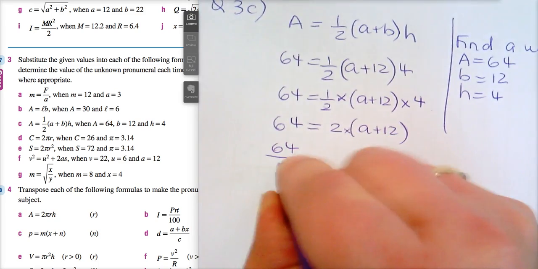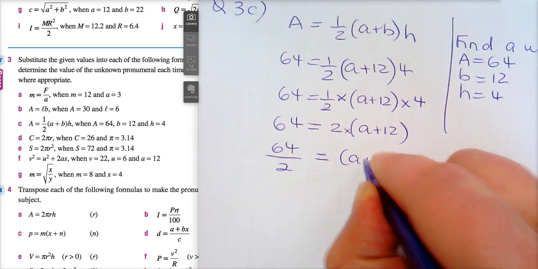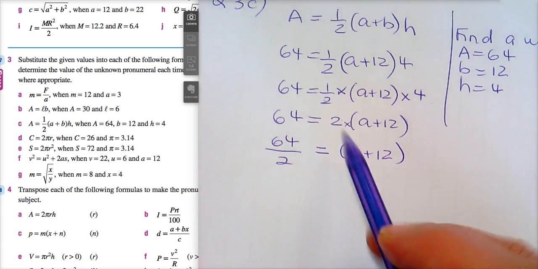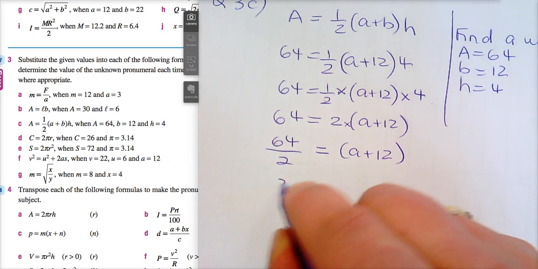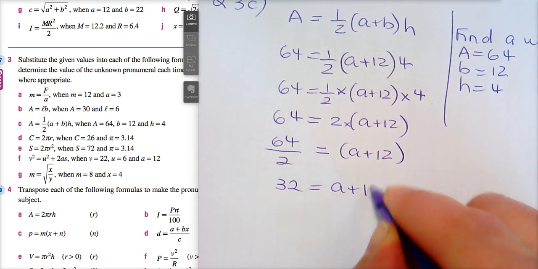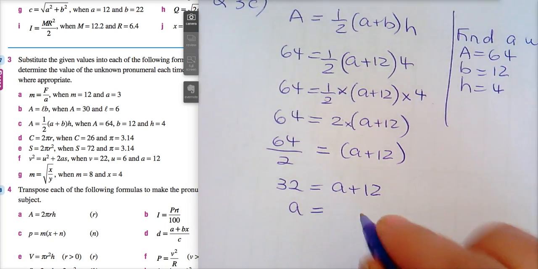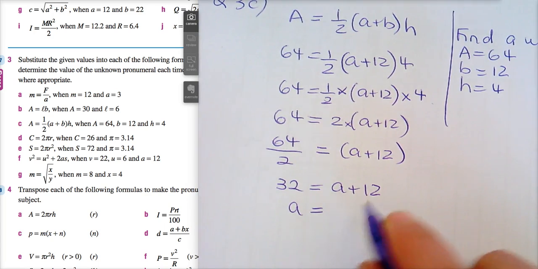I can do 64 divided by 2 is bracket. Do you get that? Normally you would divide by 2 if it was just 2 times x, wouldn't you? Do you see what we're doing? You don't have to do this. 32 equals A plus 12. Therefore, just by inspection, what does A equal? 20.